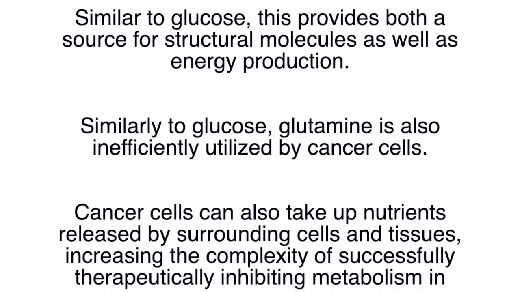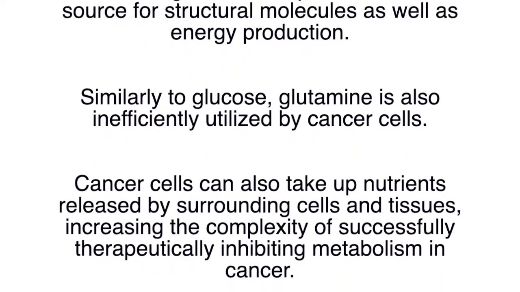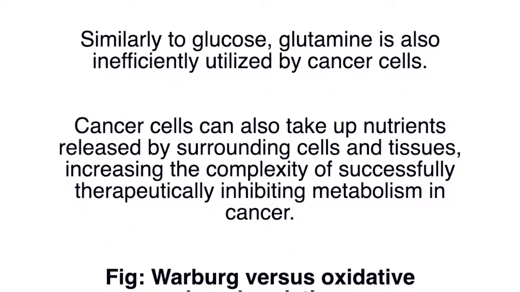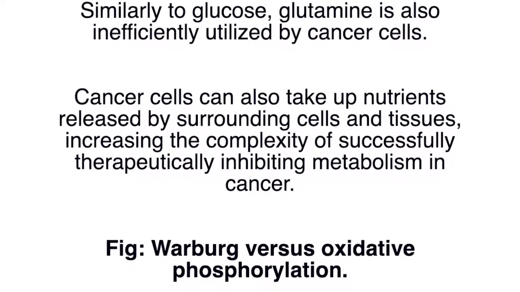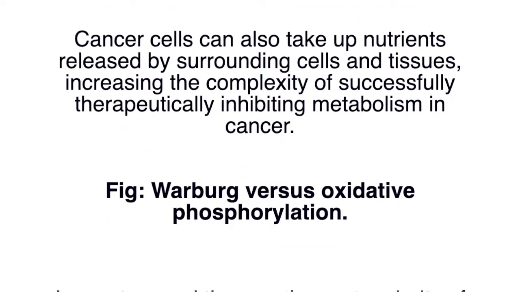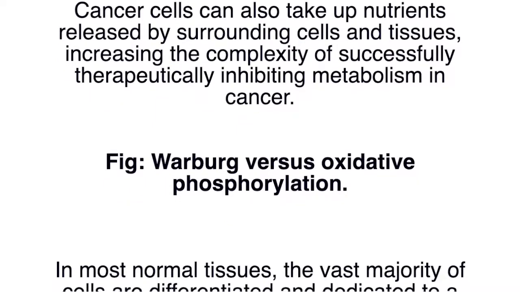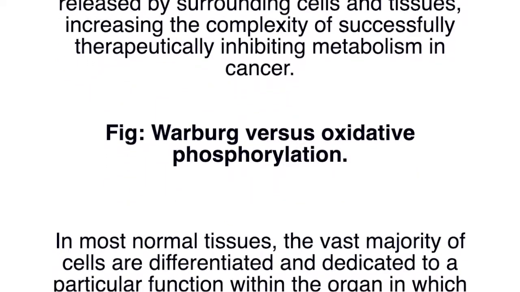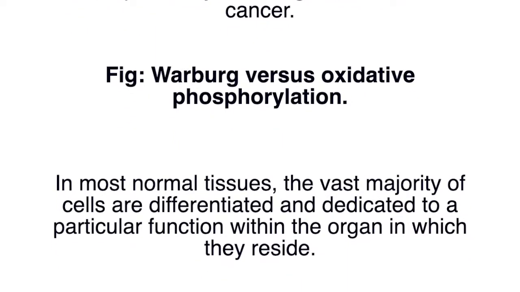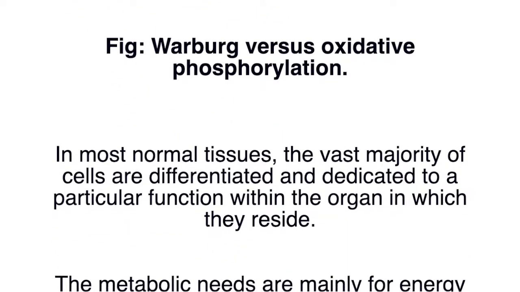Similarly to glucose, glutamine is also inefficiently utilized by cancer cells. Cancer cells can also take up nutrients released by surrounding cells and tissues, increasing the complexity of successfully therapeutically inhibiting metabolism in cancer. See the figure Warburg effect versus oxidative phosphorylation again.